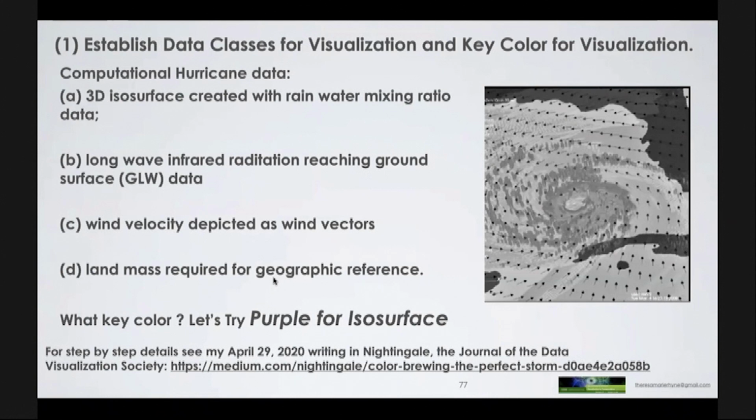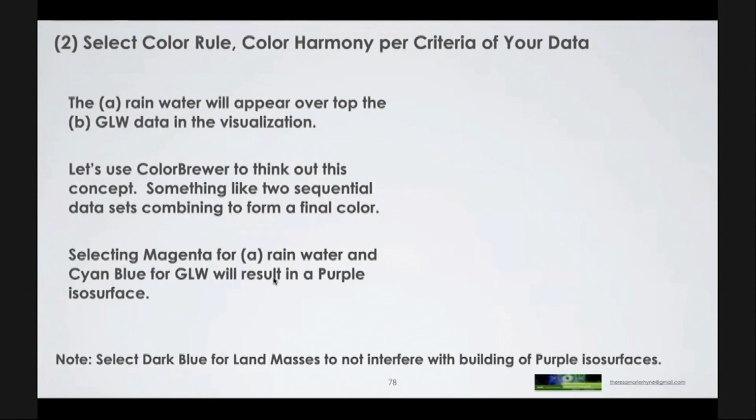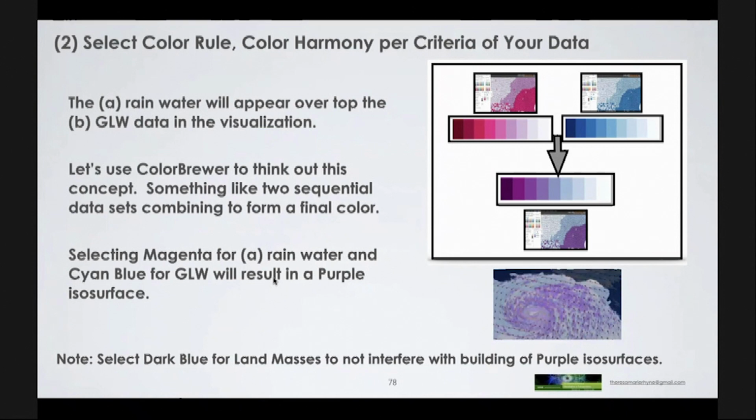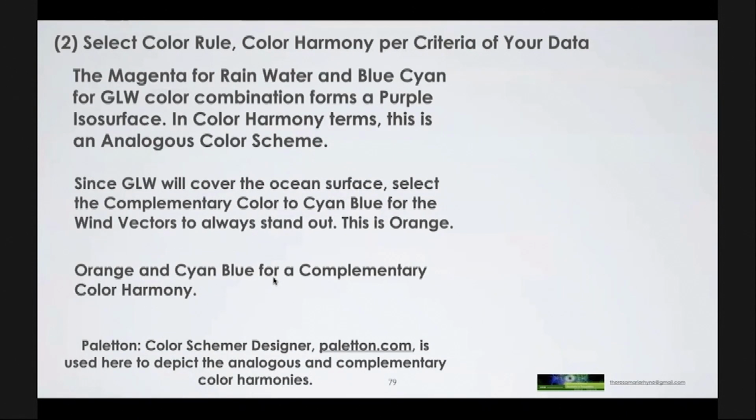In other words, this is not a painting. My data is going to be magenta and cyan, and the data is going to make it purple. Then here's the color theory concept: here's the magenta and the cyan, and that's going to make my purple. That's going to make that purple isosurface. So my data has got to build it. I'm not painting it on a screen.